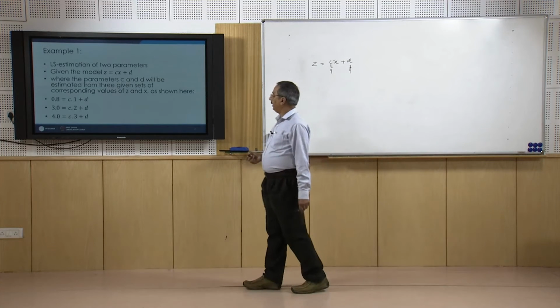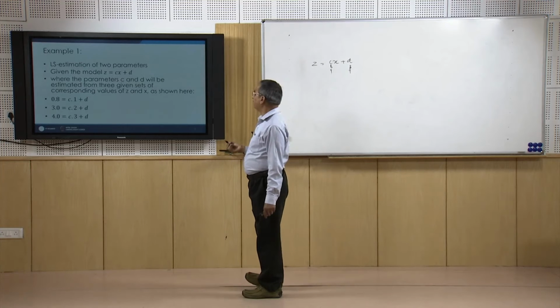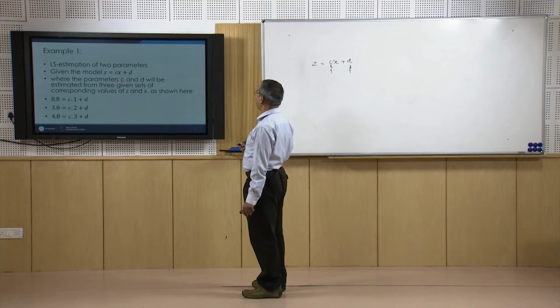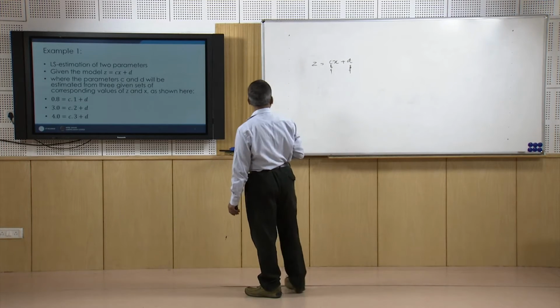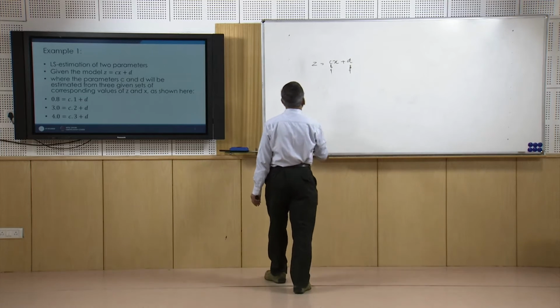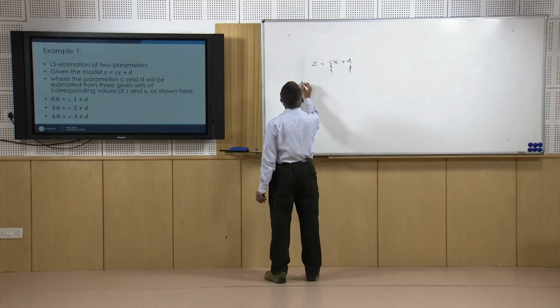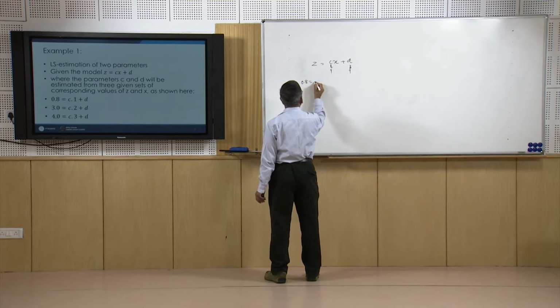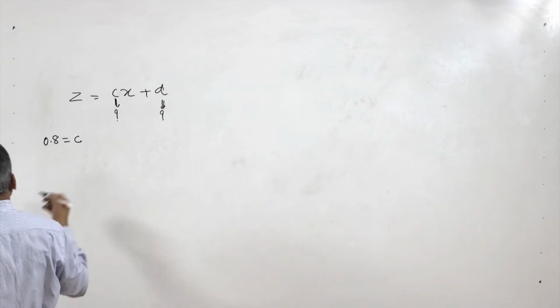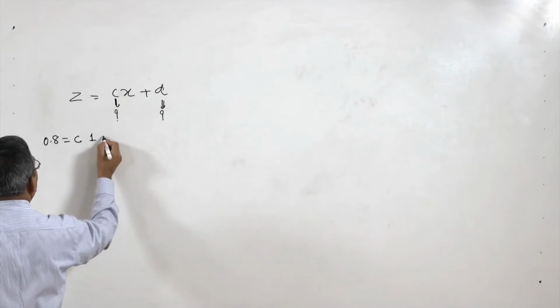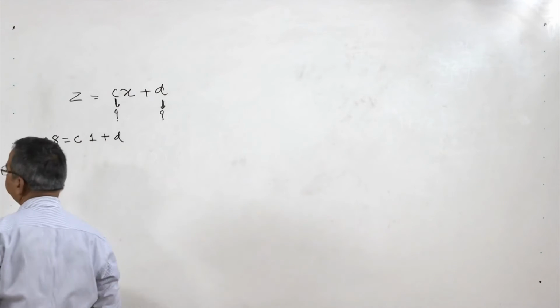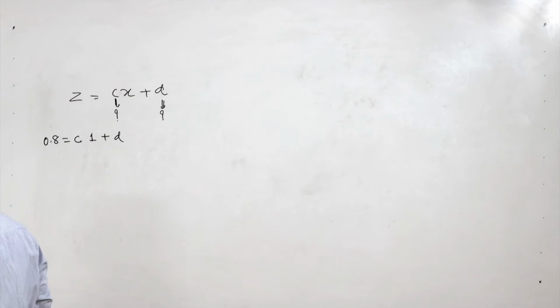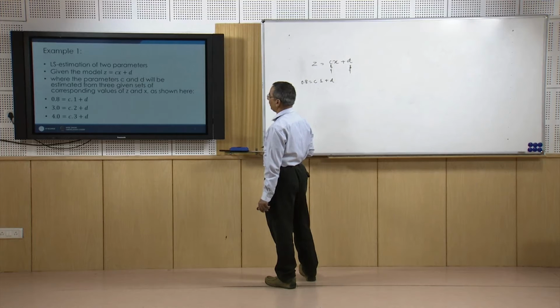And for given three sets of corresponding values of z and x. Suppose I am given these values, say z is equal to 0.8 is equal to c into 1 plus d. So, this is my one expression which is given to me.